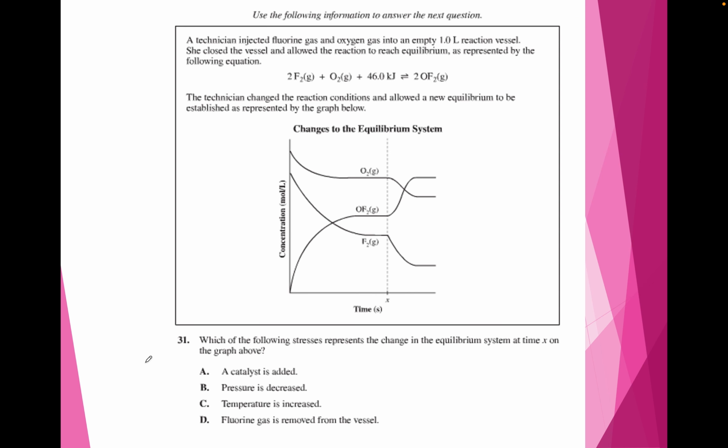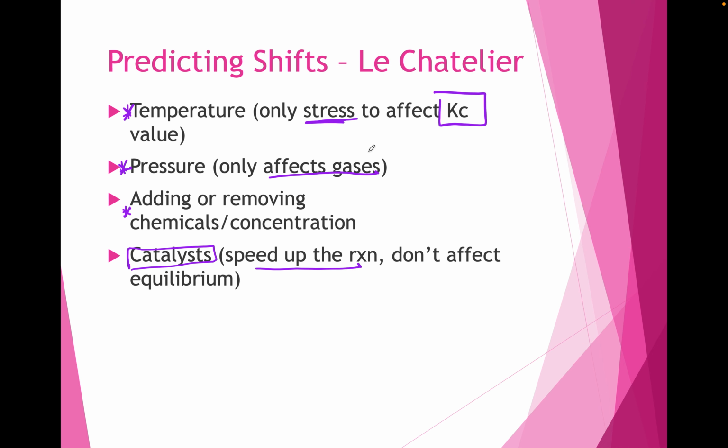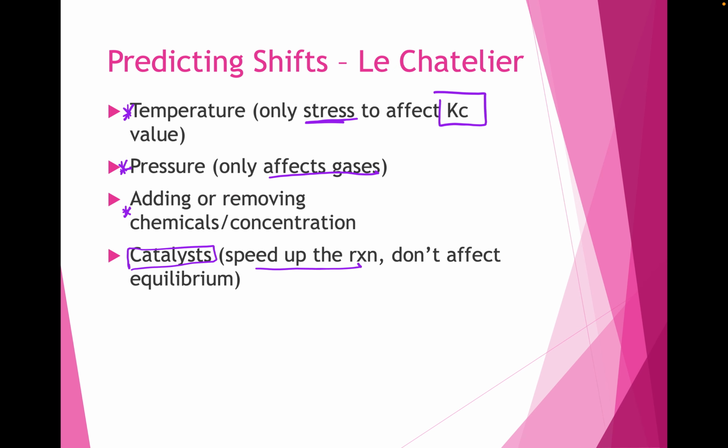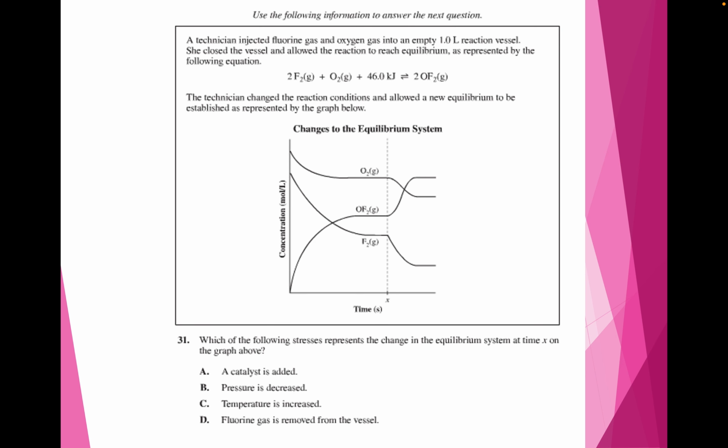So now coming to this next one, we have the same kind of idea. We want to be able to look at what's happening on our graph. And every Le Chatelier graph has a particular look to it, or every stress, I should say.